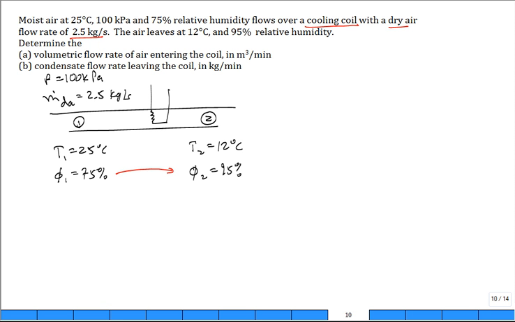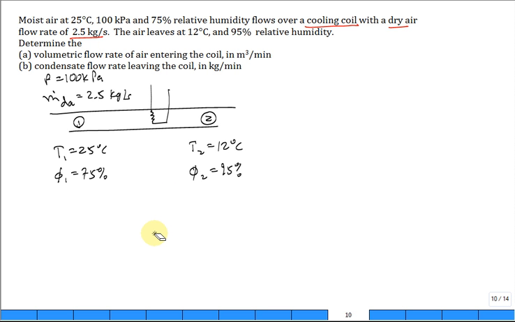Because it's so much cooler, it cannot hold as much water. So the relative humidity normally on cold air is modestly or pretty high. If you really want to be miserable in the winter, right, have very dry cold air. But by itself, cold air is usually pretty dry anyway. Okay. So there you go. Those numbers all make sense.